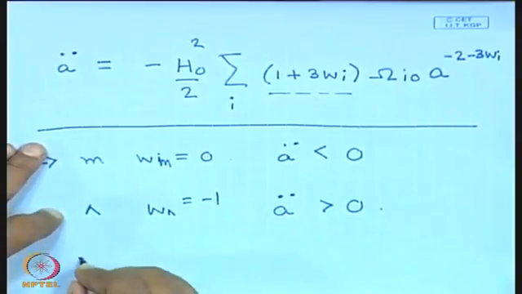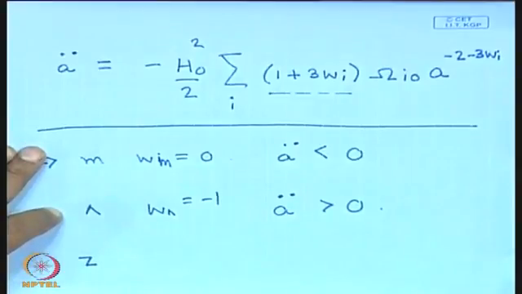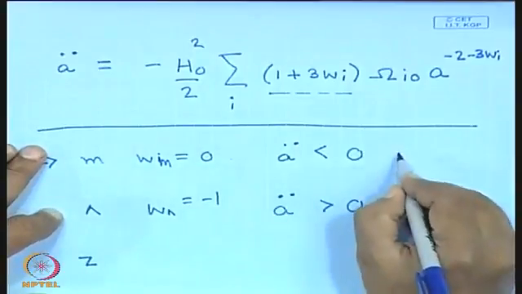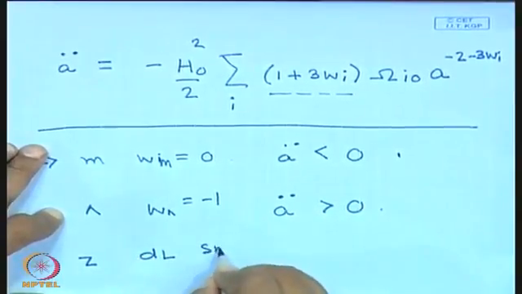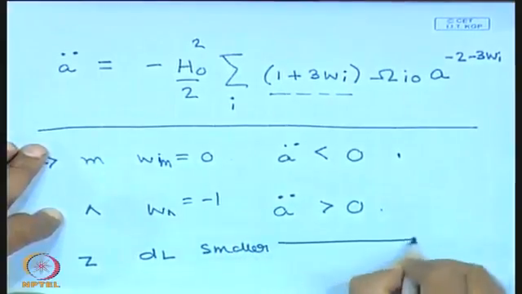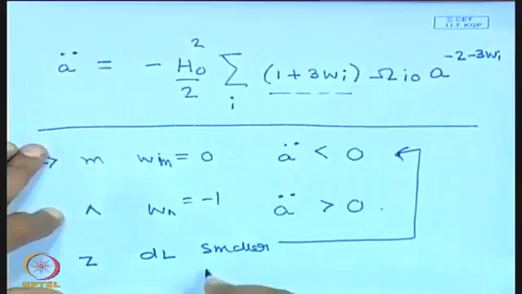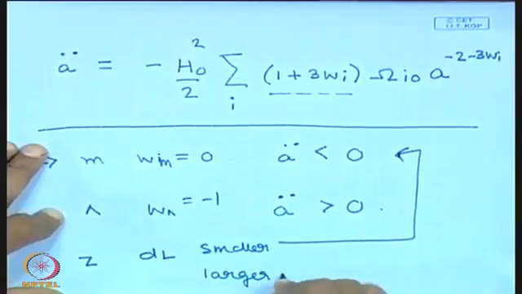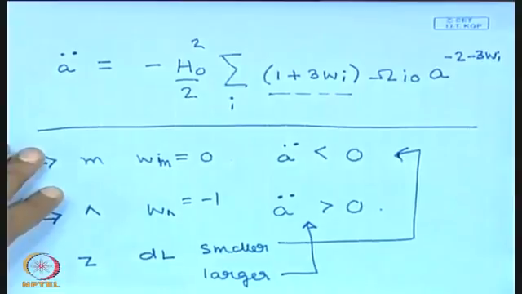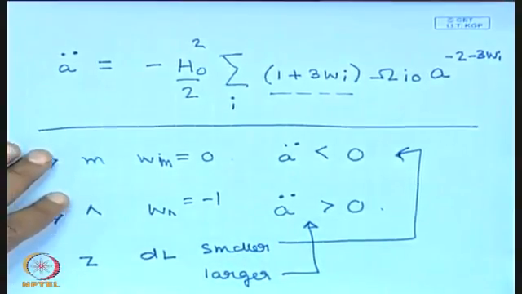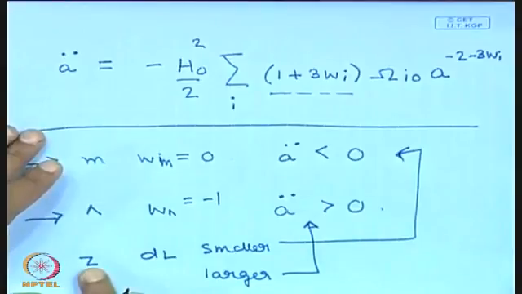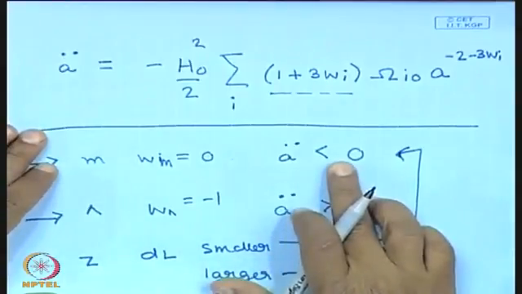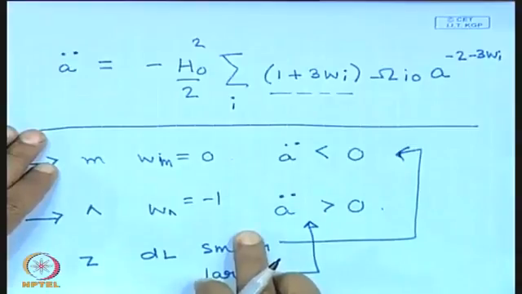Given the same redshift, my distances are smaller in this model, dl is smaller in this model, and dl is larger relatively in this model, which is accelerating. That is intuitively quite clear. So the luminosity distance for the same redshift is smaller if the universe is decelerating, and larger if the universe is accelerating.